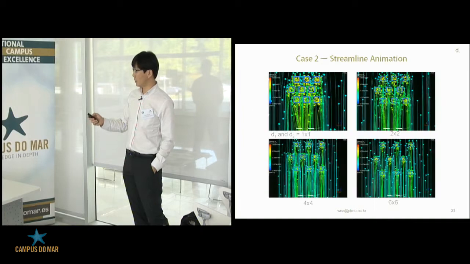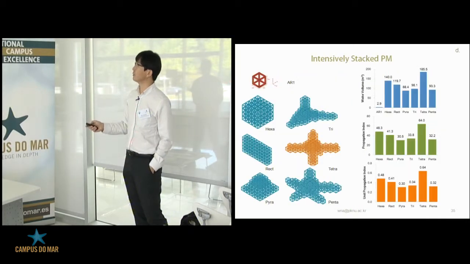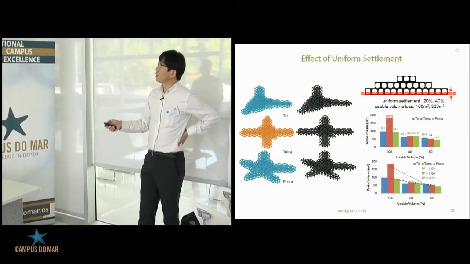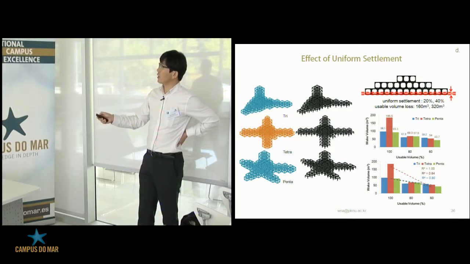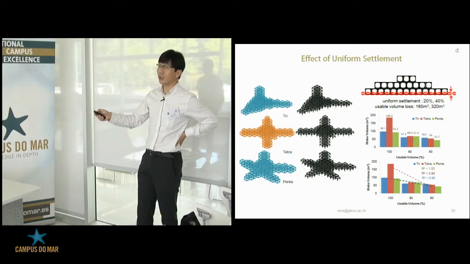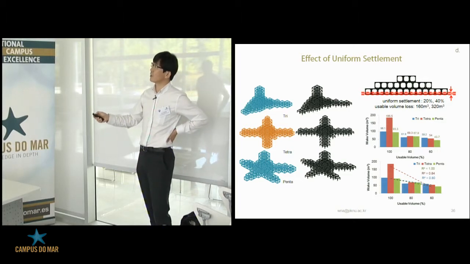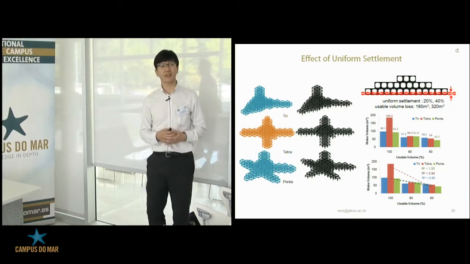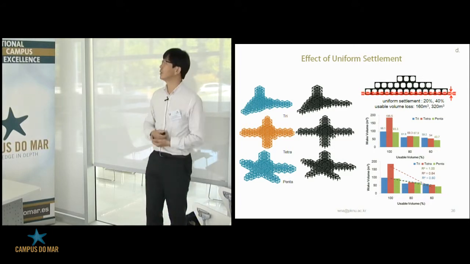When the loss is 20%, the wake volume decreased rapidly, especially this red one, but at 40% the additional decrease is small.